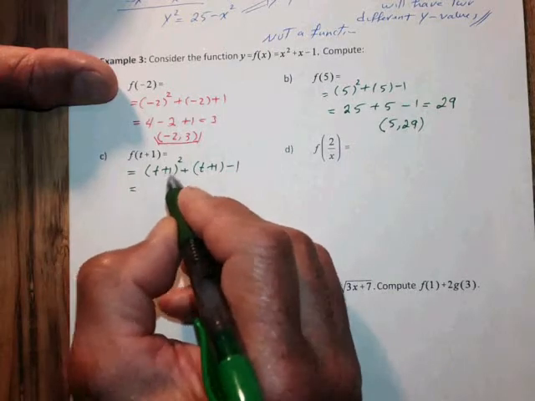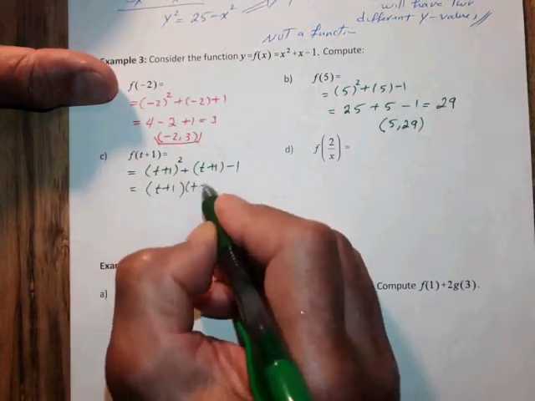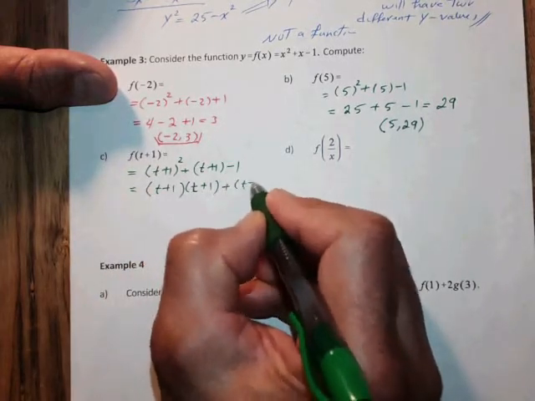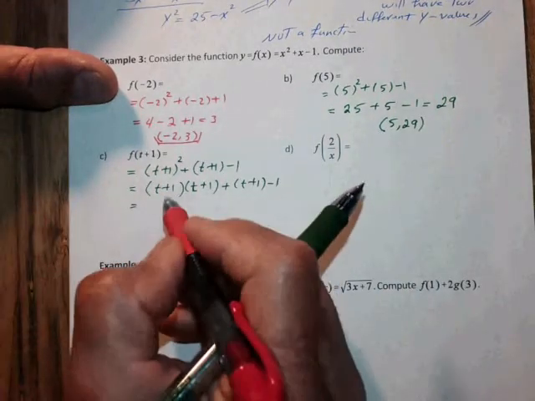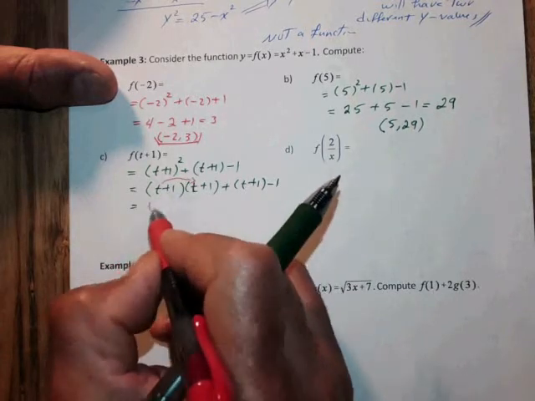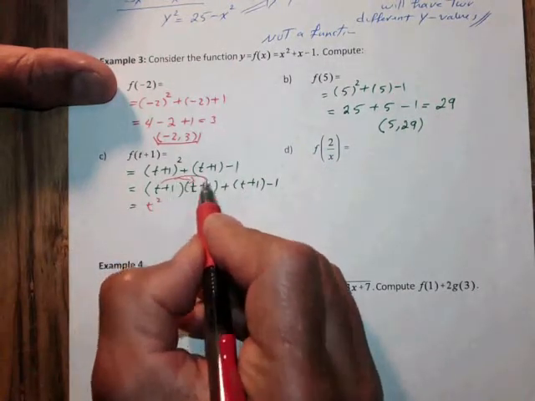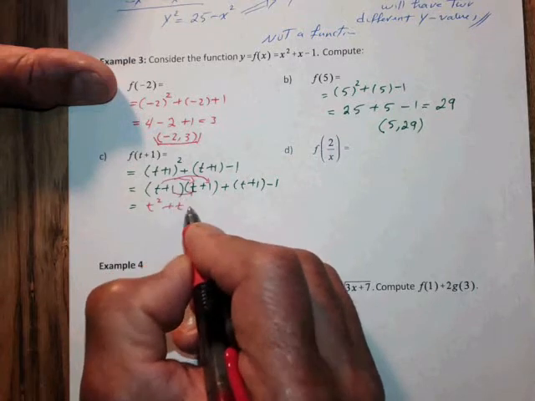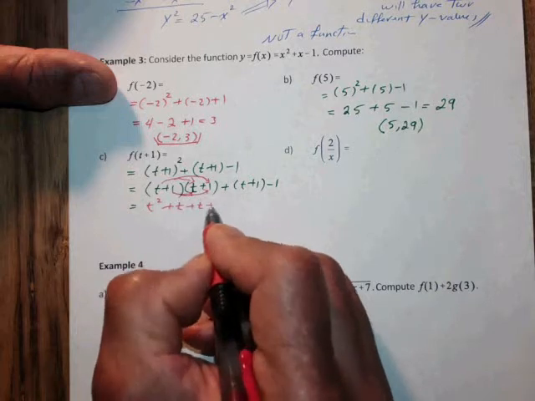So t plus 1 squared is t plus 1 times t plus 1, and then another t plus 1 and minus 1. Then you have to FOIL this. You see, t times t is t squared, t times 1 is plus t, 1 times t is another t, and 1 times 1 is 1.